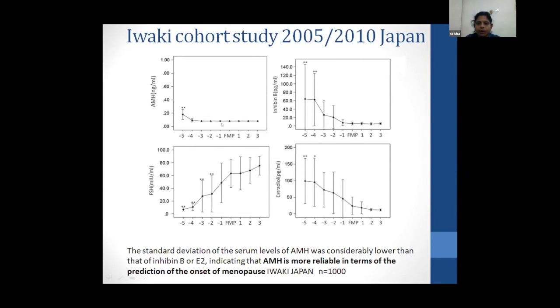So as the years have gone by, AMH has been included in all these biomarker studies, and it is found to be an excellent indicator because its level is low even before the start of the perimenopausal transition. You see the lowering of the AMH here, whereas the rest only change at the perimenopausal transition age.